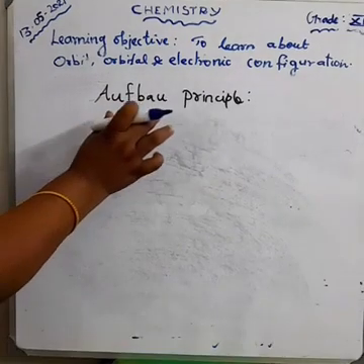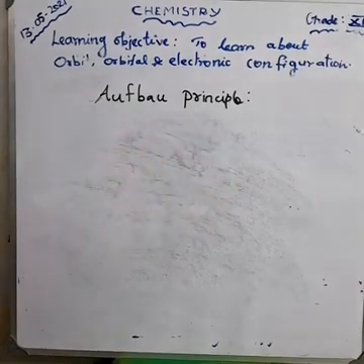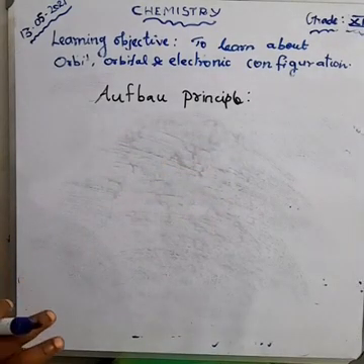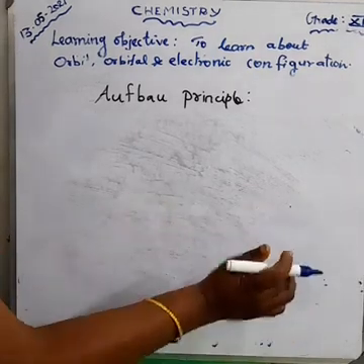What do you mean by the Aufbau principle? The electrons first occupy the lowest energy orbital.